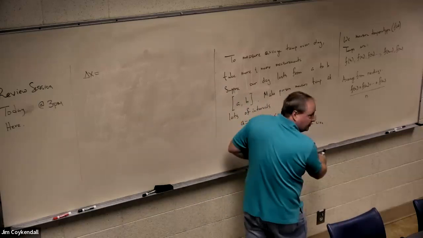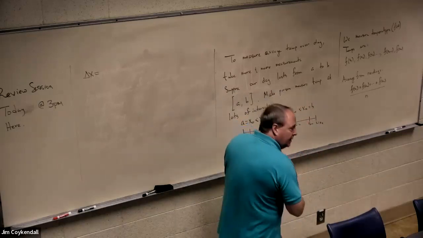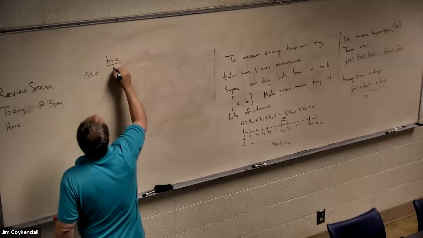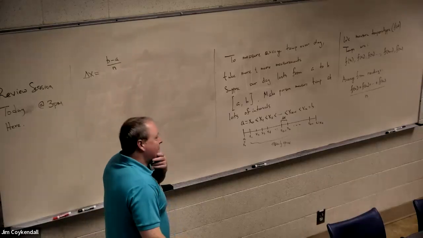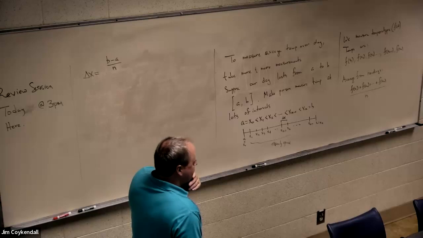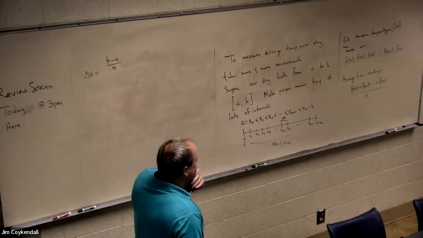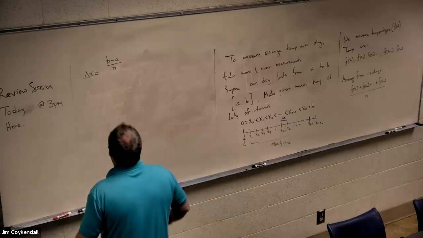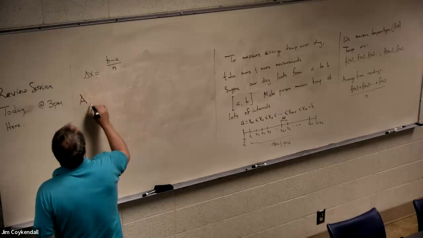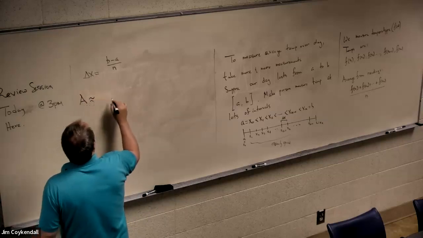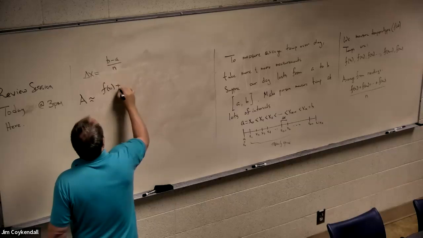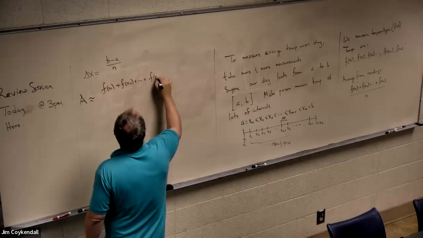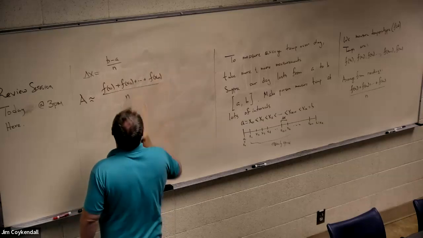Take the entire width, b minus a, and divide it by however many little subintervals we have, which is n. Okay, so what do we have? Our average reading is f of x1 plus f of x2 plus up to f of xn, divided by n.